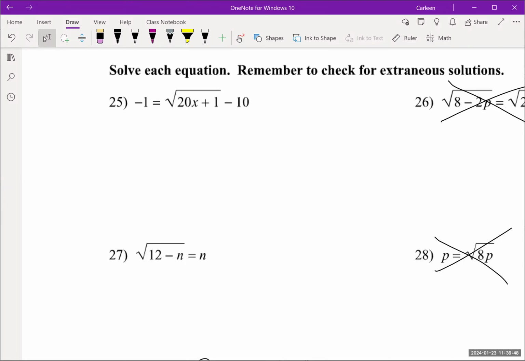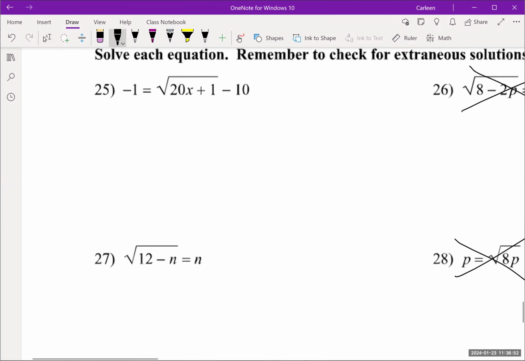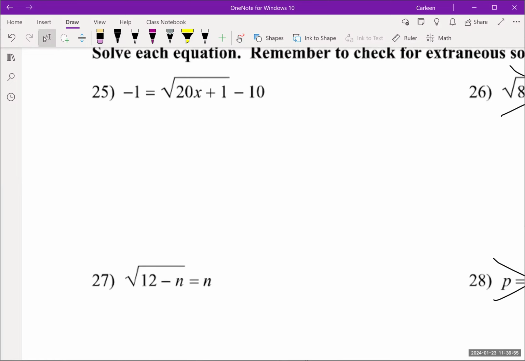Okay. Sometimes you get one answer and sometimes you get two answers. So let's take a look. Okay, we did these last semester. Step 1, isolate your square root, add 10.